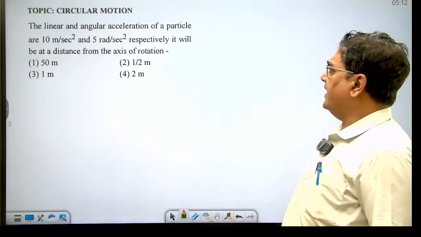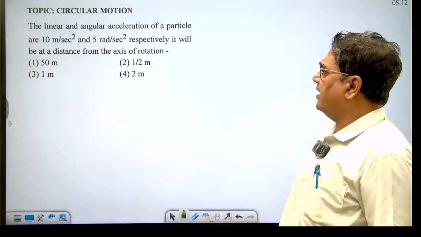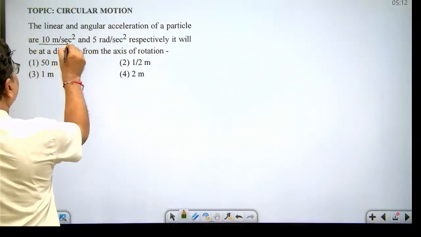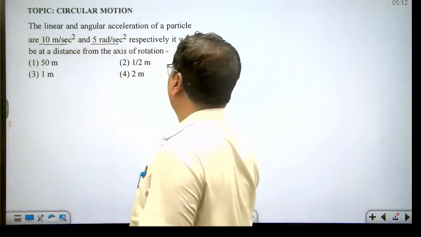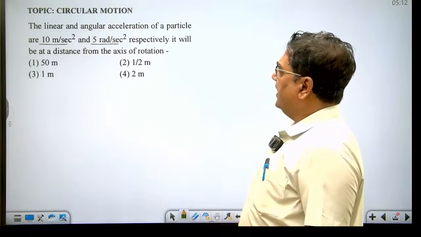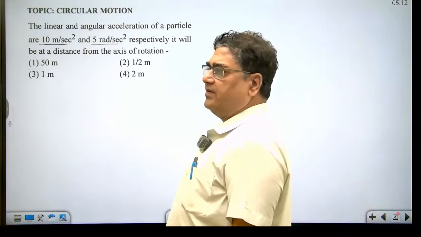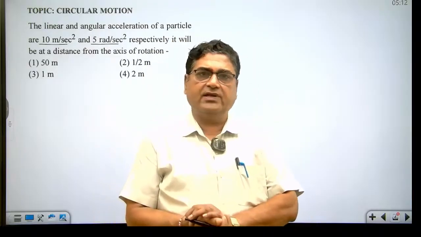The linear and angular acceleration of a particle are 10 meter per second square and 5 radian per second square, respectively. It will be at a distance from the axis of rotation. Dear student, what is the relation between linear and angular acceleration?